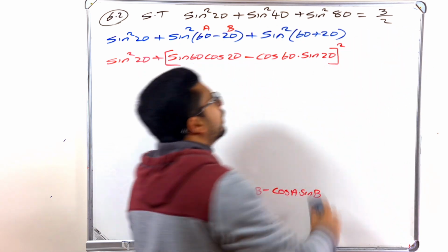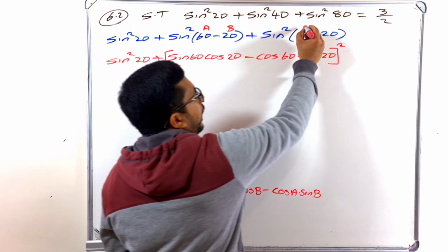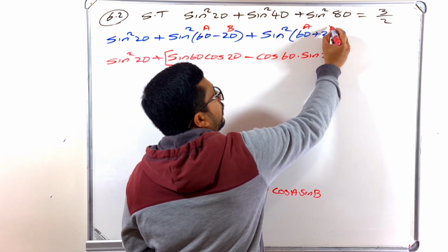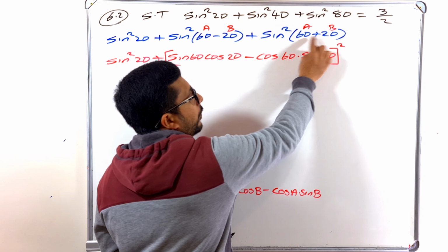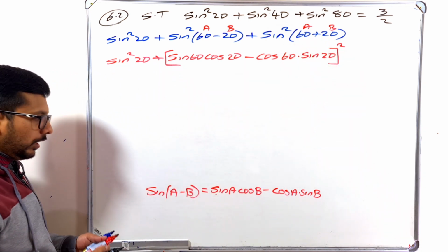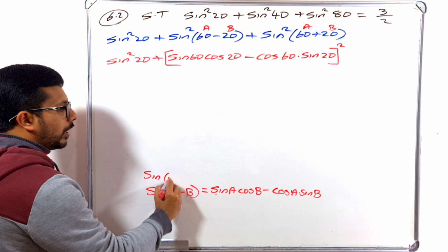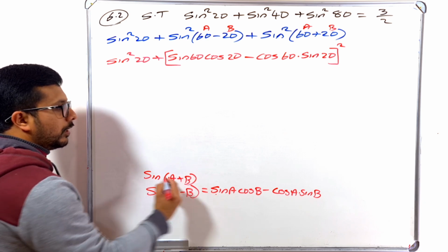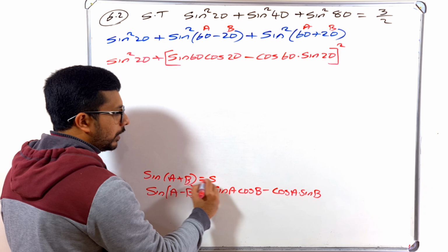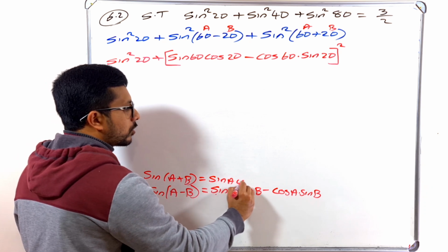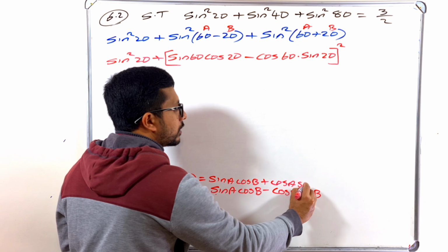There also, 60 we can call a, and this 20 we can call b. That is sine of a plus b. Am I right? What is the formula you studied? Sine of a plus b. The only difference is here it is plus, otherwise everything is the same: sine a cos b plus cos a sine b.